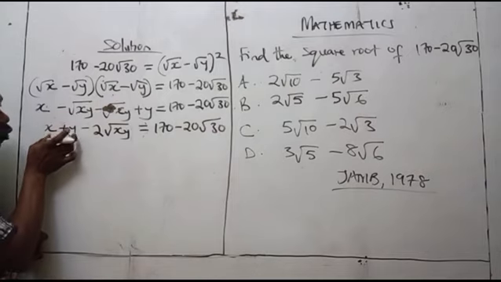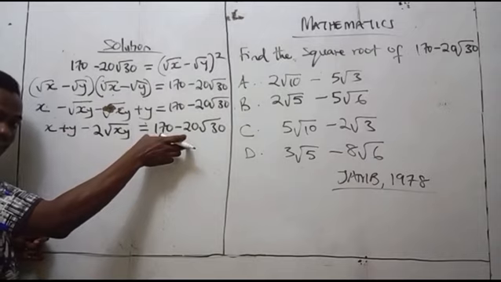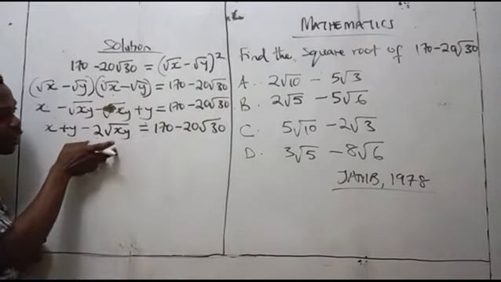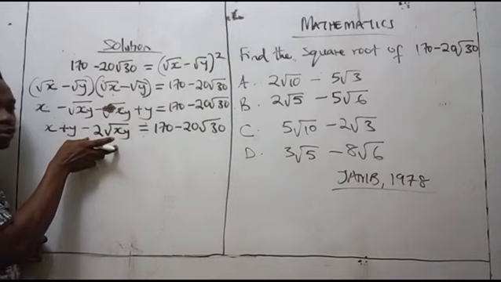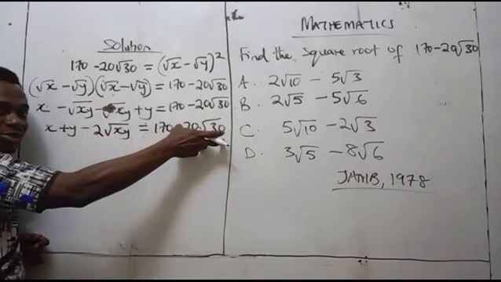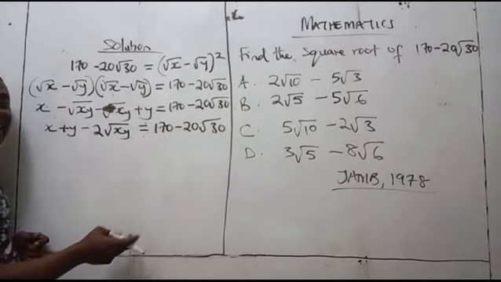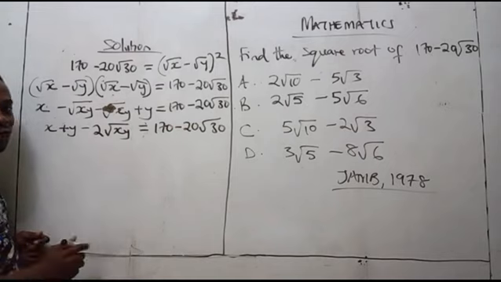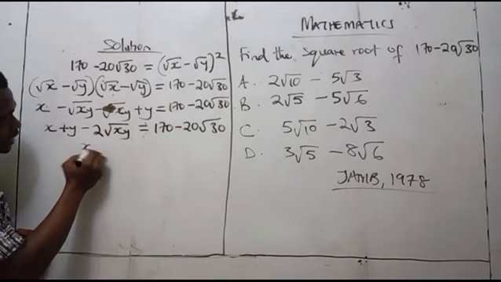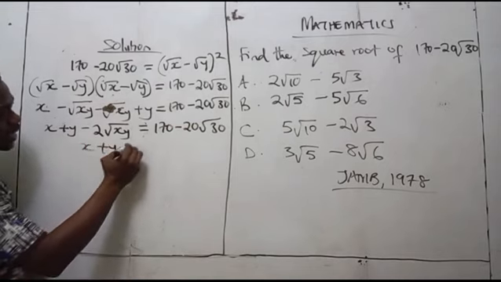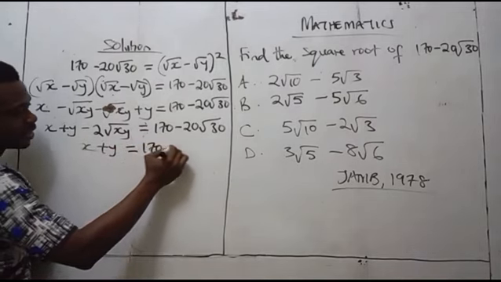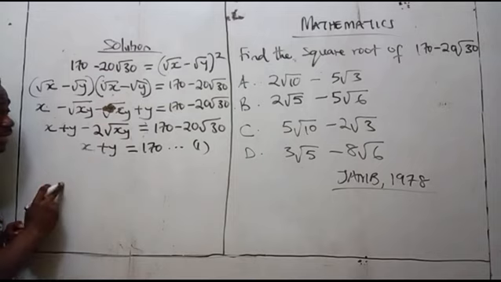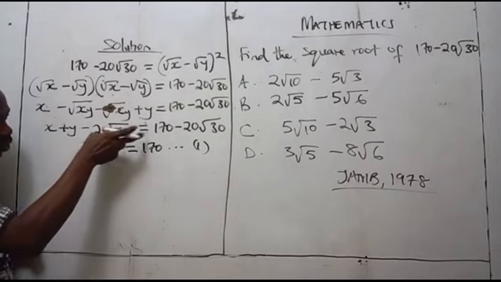So we can equate x plus y to 170, making equation 1, and equate minus 2 root xy to minus 20 root 30, and simplify it to get equation 2. So x plus y is equal to 170. This is equation 1. This will help us to find x and y. So let's go to the second one.